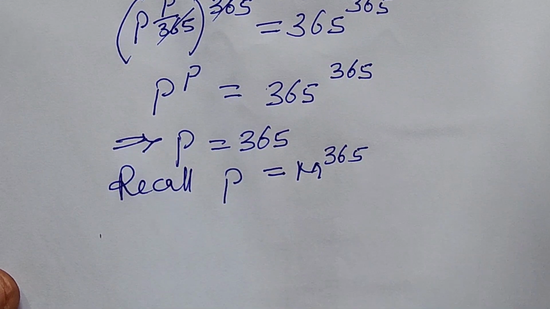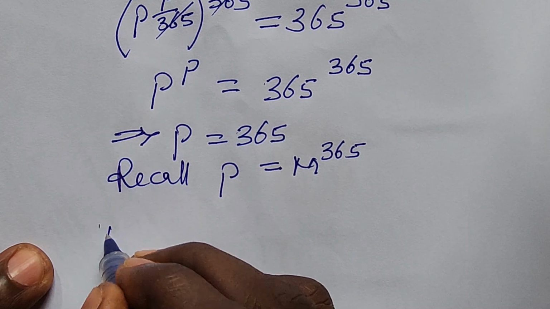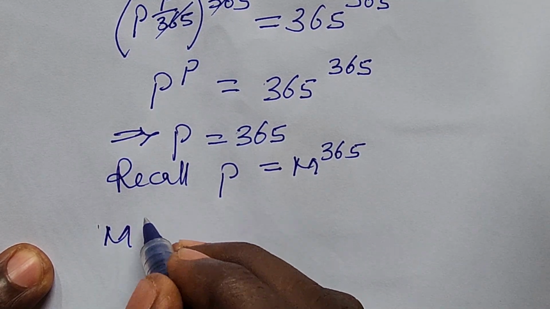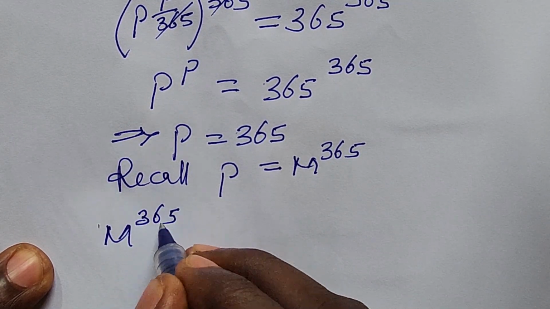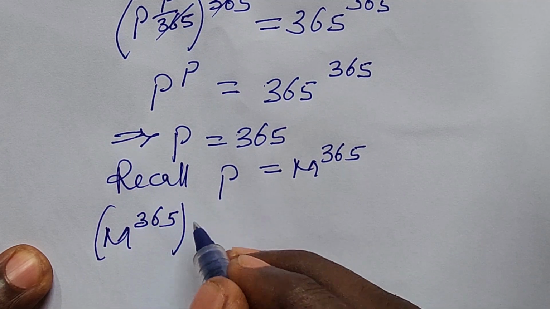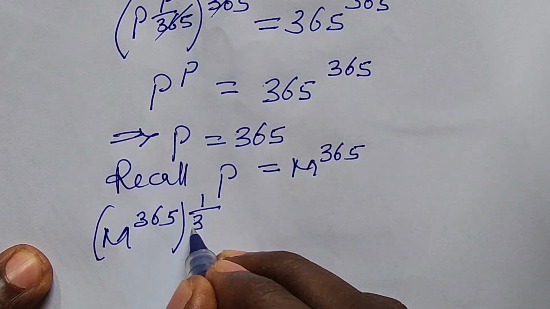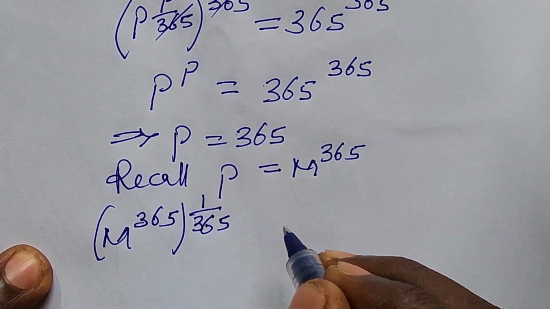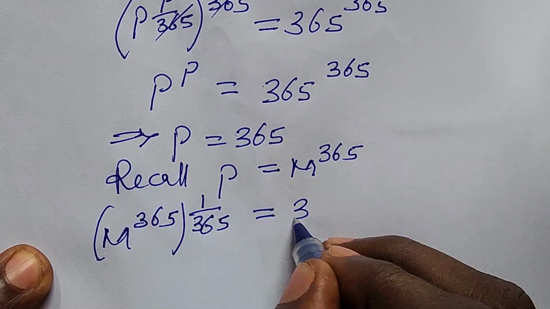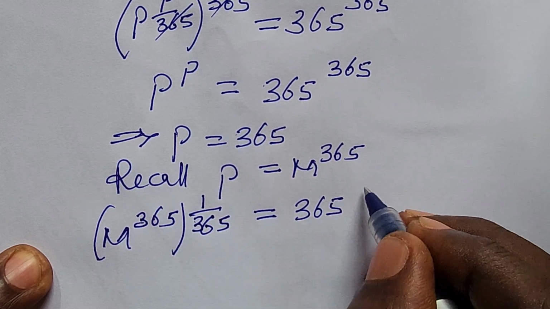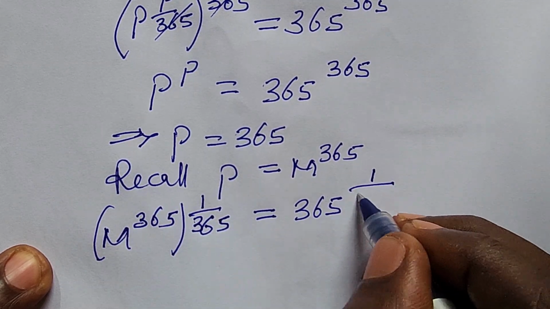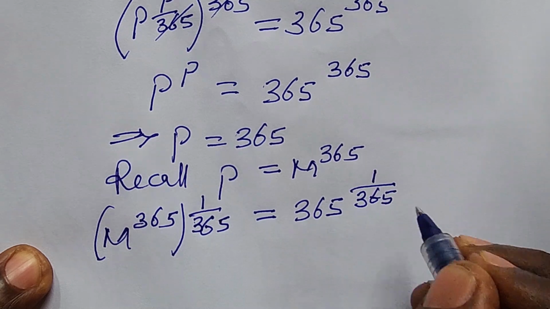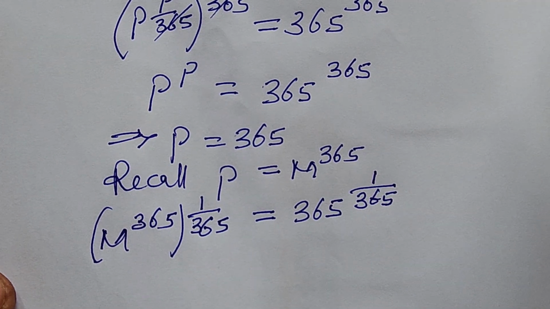So if we substitute again, we're going to have (m to the power of 365) all to the power of 1 over 365 equal to 365 to the power of 1 over 365. Any confusion here? No.